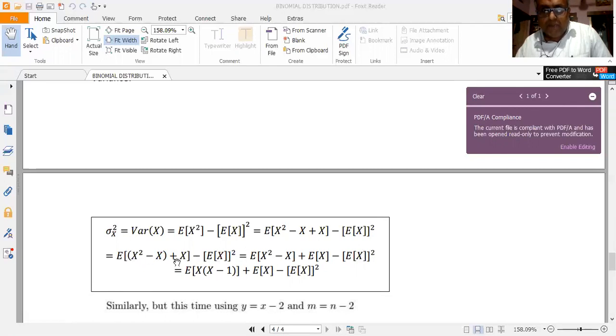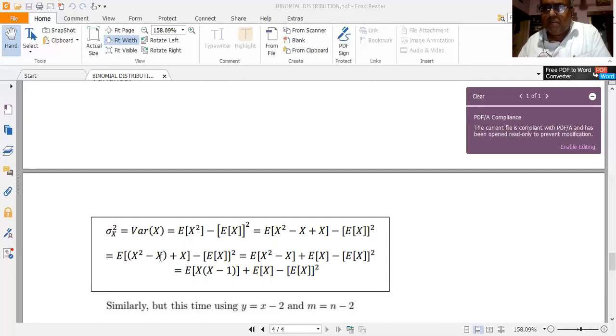Now apply one standard formula, the linearity property of expectation. The expected value of the sum of two variables is equal to the sum of the expectations of the two variables. Let me repeat.